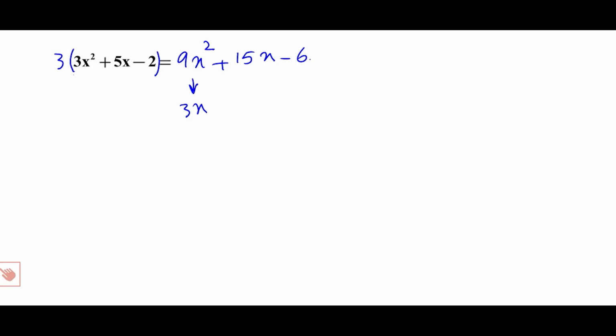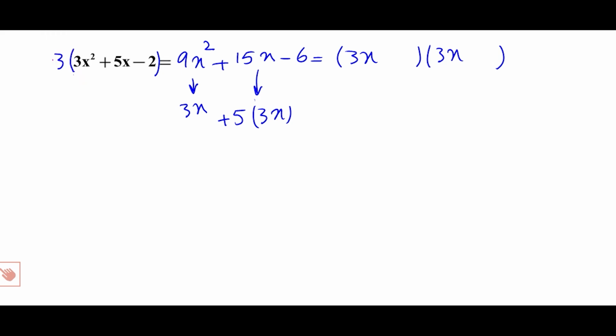So we write 3x in both parentheses. Now we place 3x under 15x. We want to know, 3x has been multiplied by what number to give positive 15x? Positive 5. Now we look for two numbers whose product is negative 6 and whose sum is positive 5.